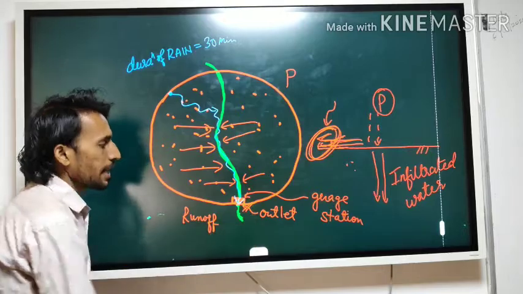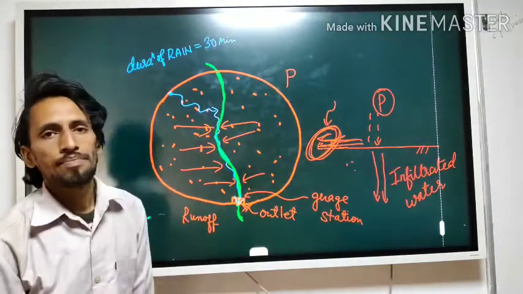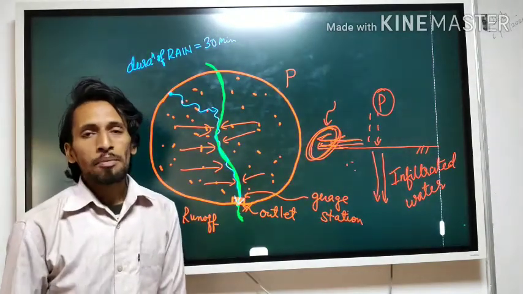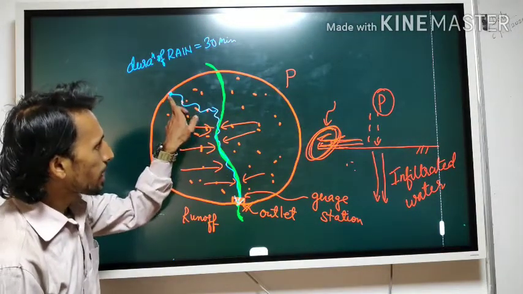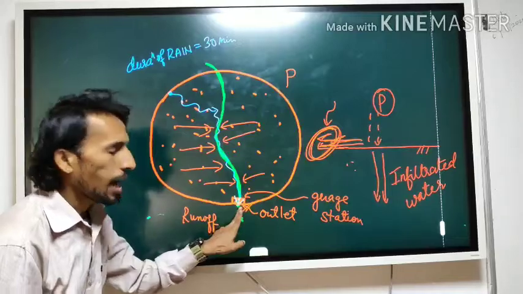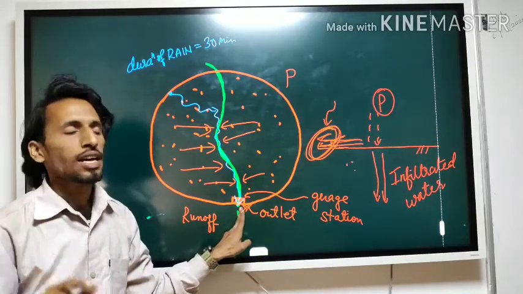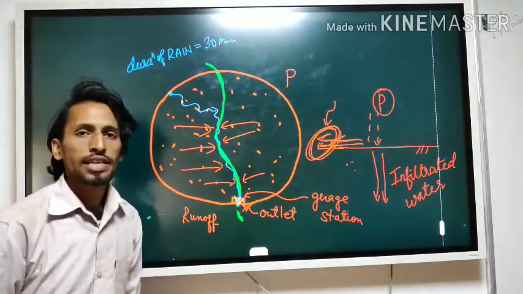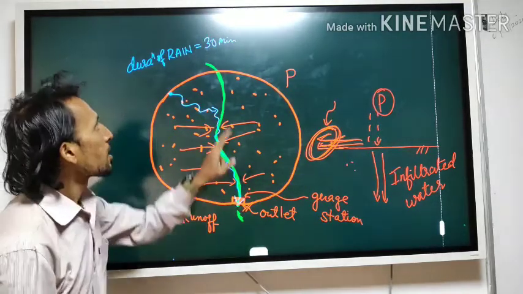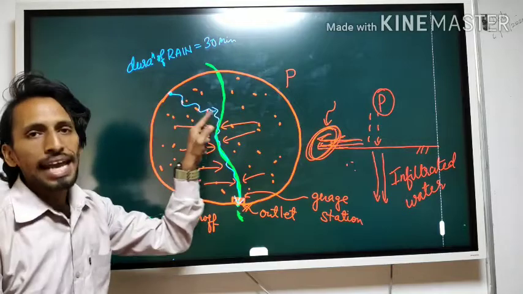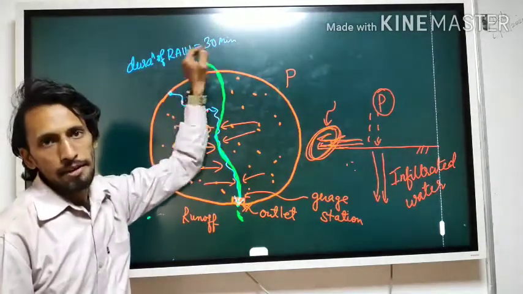The important point is that if this water has to travel up to this point where you are recording all this data and drawing the graph, this value can take more time than this 30 minutes.